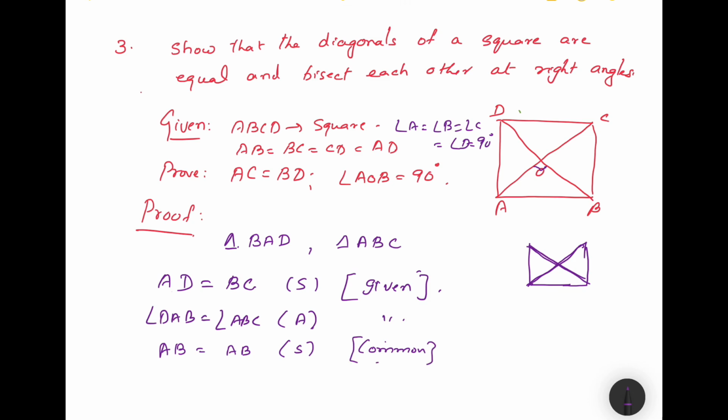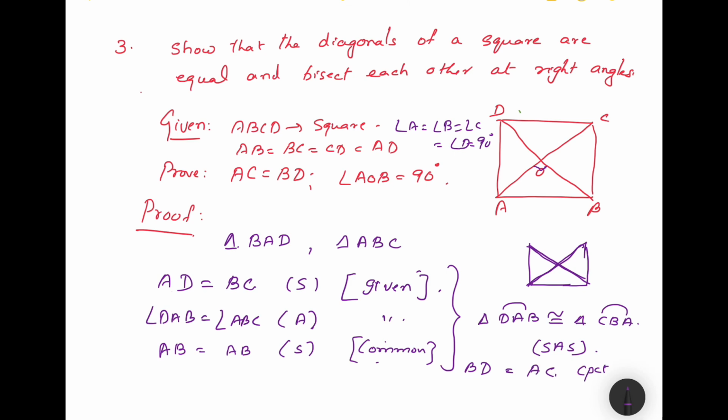Therefore, triangle DAB is congruent to triangle CBA, SAS congruence. So, from this you can say DB is equal to CA, or BD is equal to AC, CPCT.